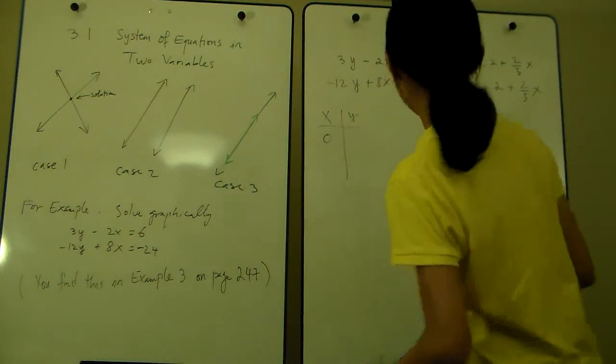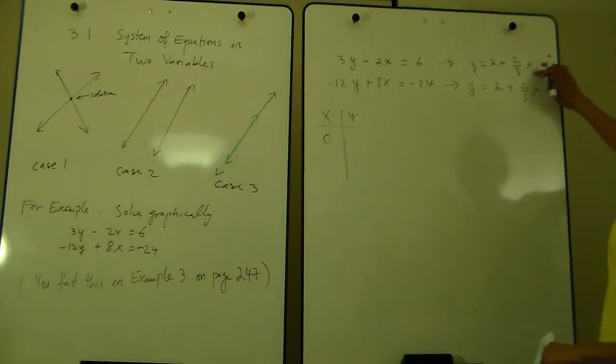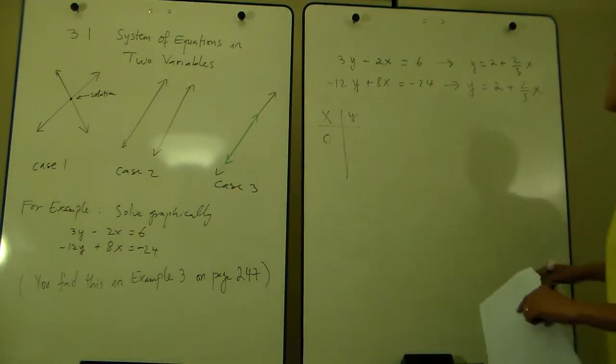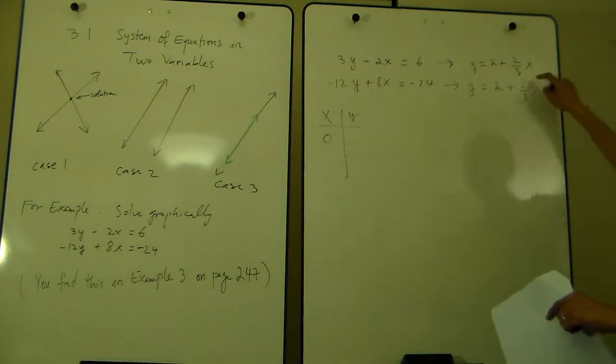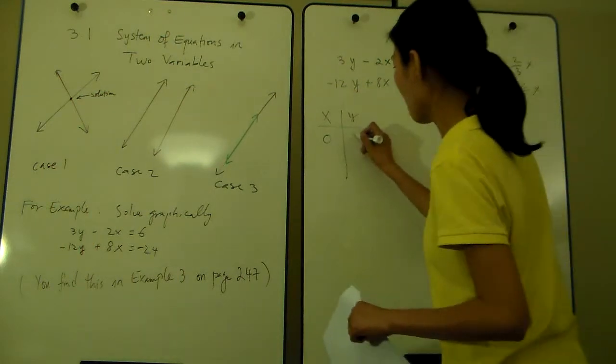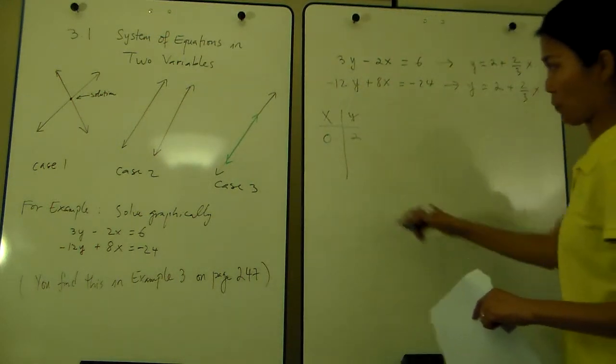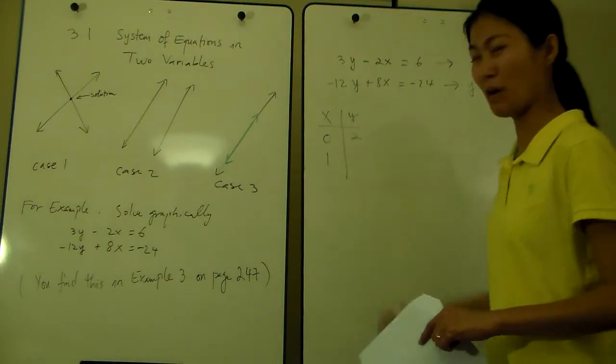Start with 0, the easy point. Substitute 0 into x in the y equation. So 0 for x. 0 times anything is 0. So 0 plus 2 is 2. Now, next. Normally I like to put 1, right?